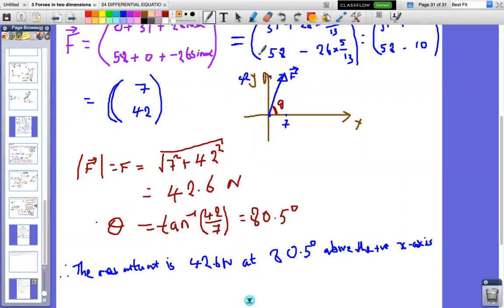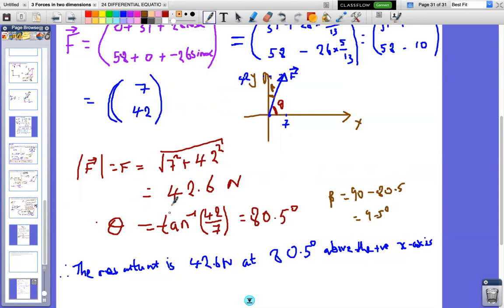Another student maybe will give this other angle. Let's call that beta. Beta is 90 minus 80.5, so that is 9.5 degrees.